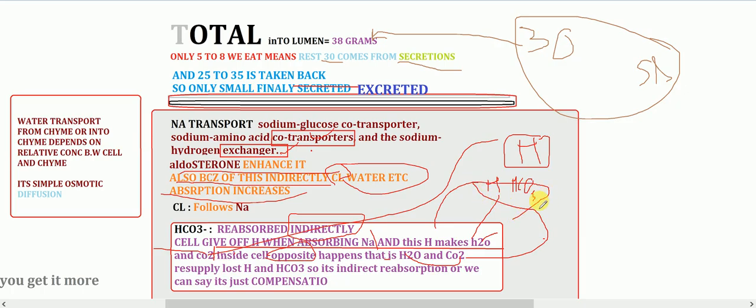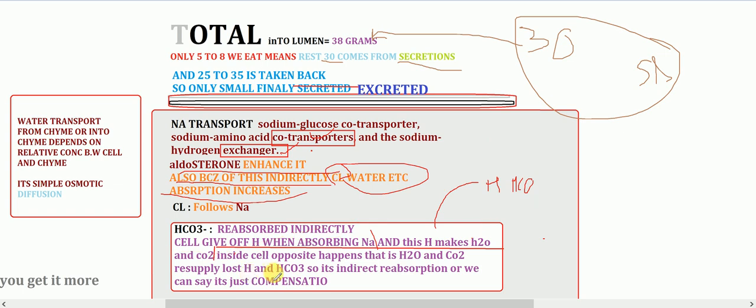Then H2CO3 is going to split into H plus and HCO3, and then we get what? We get this hydrogen supplied once again. So this is how the cell makes up for the lost hydrogen. And in an attempt to make up for this lost hydrogen, we get the HCO3, the bicarbonate ion, as well.